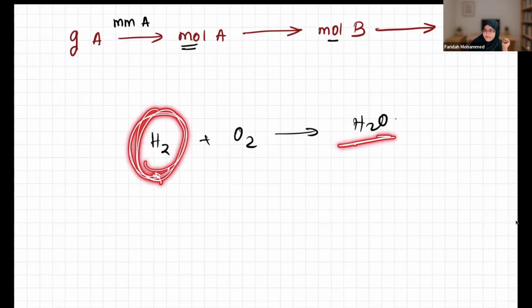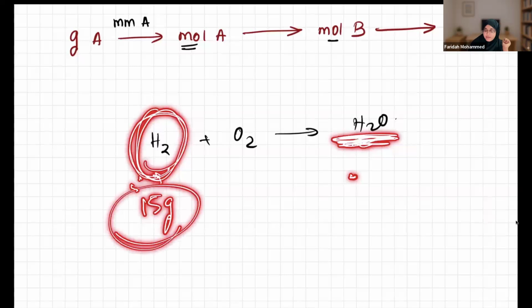How many grams of water can I make from this much hydrogen? Let's say they say I have 15 grams of hydrogen. Tell me the amount of water that I can make with this 15 grams of hydrogen. So what is your A? Your A is whatever is given to you, which is your hydrogen.